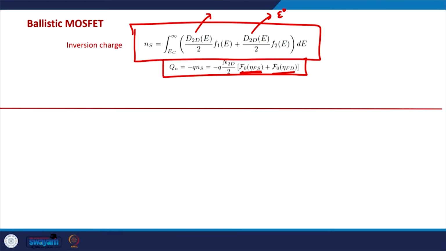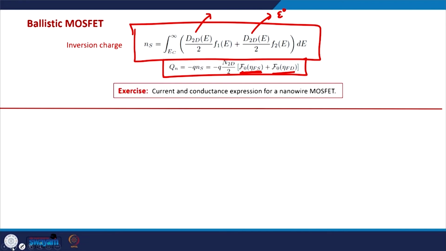Now this is again for you to do, like a homework exercise for all of you, in order to have a better understanding of this kind of maths. I would recommend you derive the current and conductance expressions for a nanowire MOSFET.